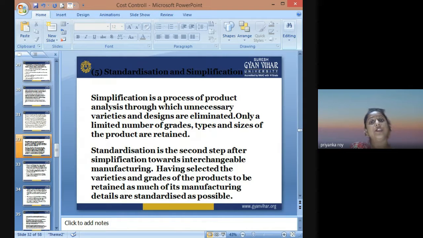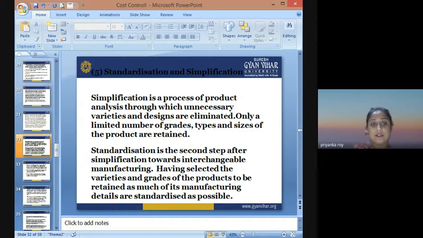Now, standardization and simplification is a process of product analysis through which unnecessary varieties and designs are eliminated. Only a limited number of grades, types, and sizes of the products are retained. Standardization is the second step after simplification towards interchangeability in manufacturing.